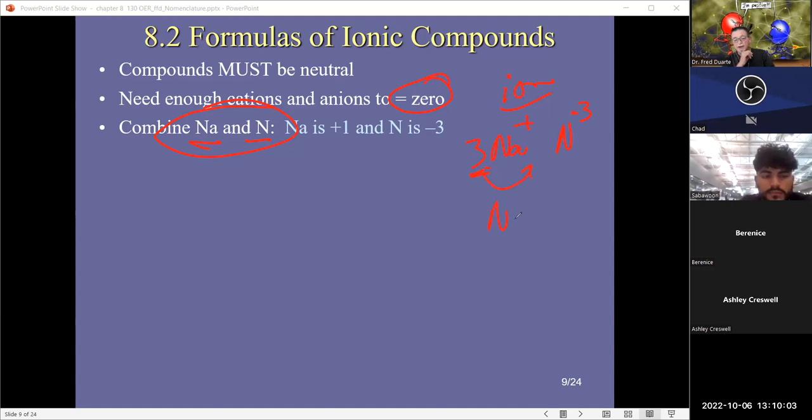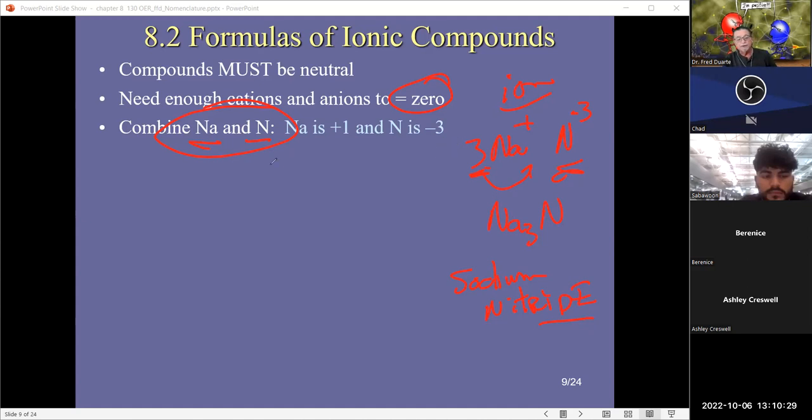So hence we write Na3N. And that is the formula for sodium nitride, okay? Not sodium nitrogen, because we're working with the anion of nitrogen. So its name is sodium nitride.